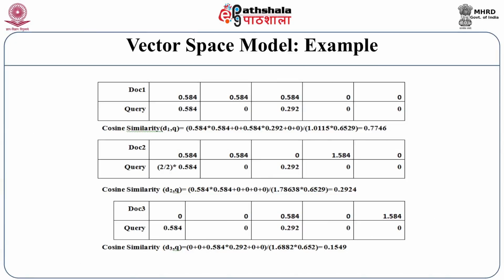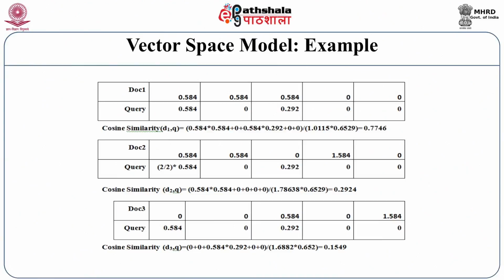I do the same for document D2 and document D3. Please refer to the slide. You can see that the TF-IDF values for document D2 and the query are put parallelly. You just match the values top to bottom. The first value of document D2, 0.584, is matched with the query value, 0.584. The second value is not matched because 0 is there for the query.